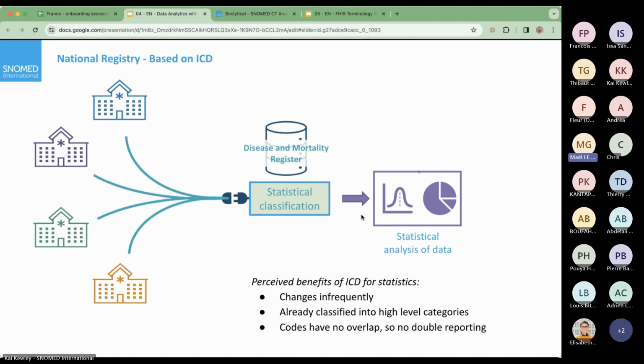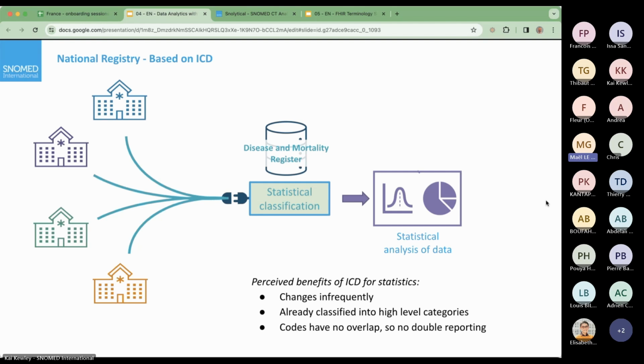So these are a couple of slides about national registries. It's quite common in Europe to have national registries for cancer, and there can be many registries in each country. It's common to base them on a statistical classification like ICD.